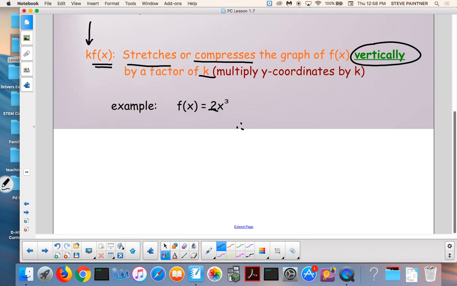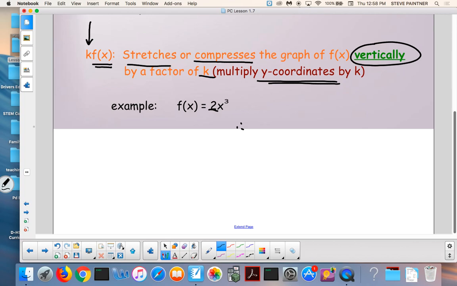You're taking the cubic function and is this going to be a stretch or a compression? How do you know? Because it's a whole number. Actually, what you're supposed to say is it's a number greater than 1. If it's bigger than 1, it stretches it, because what this does is it makes your y coordinates bigger.